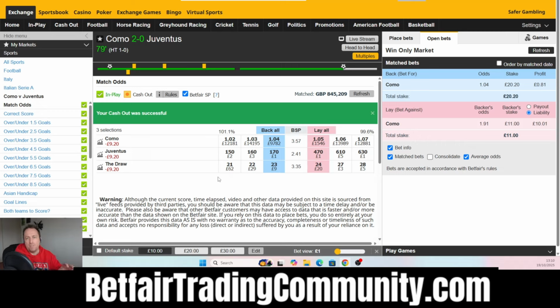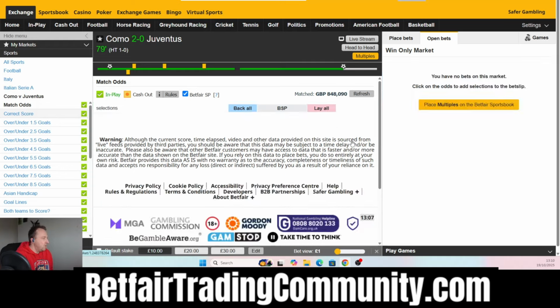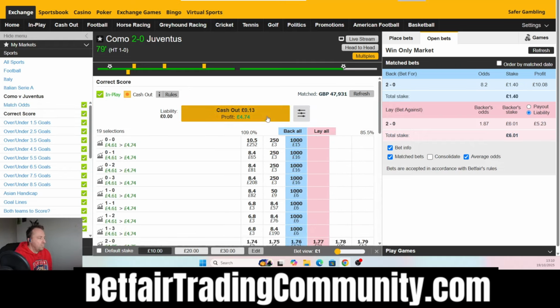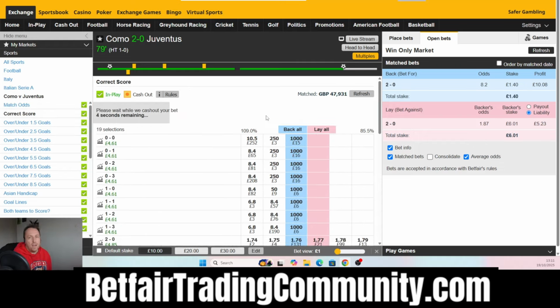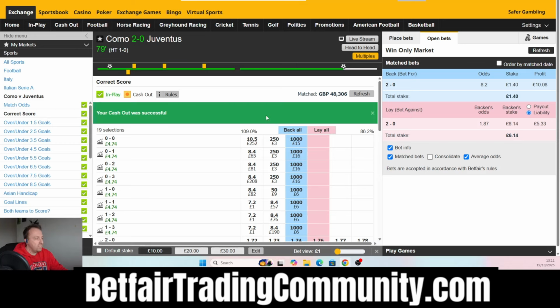But I felt like Juventus, using the stats we had, would get that second goal. It didn't happen. Sometimes that happens in trading. But again, I think this shows the value of getting in on the correct score market as we trade out of that, because essentially we've saved half our stake and we live to fight another day.